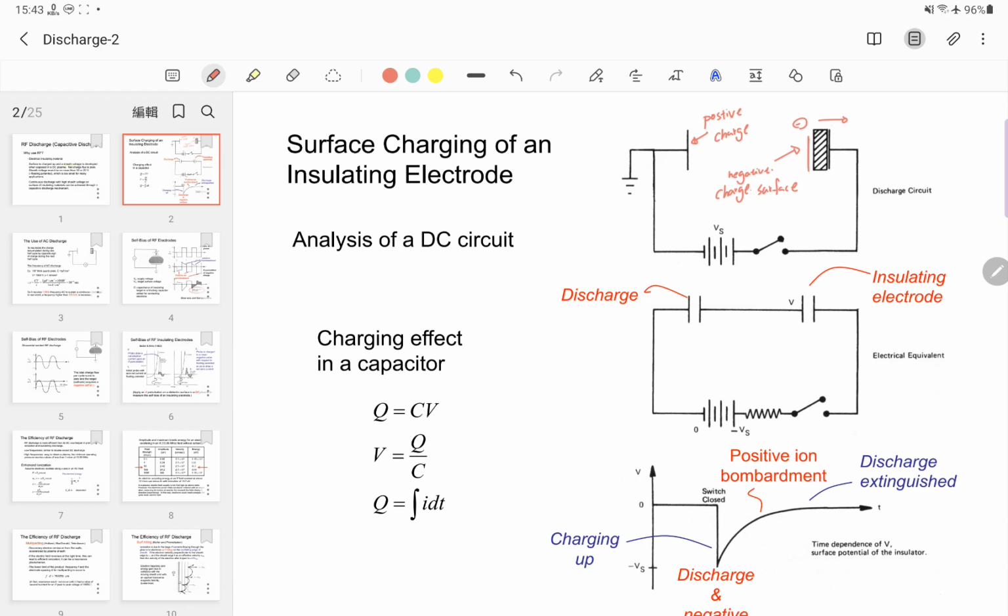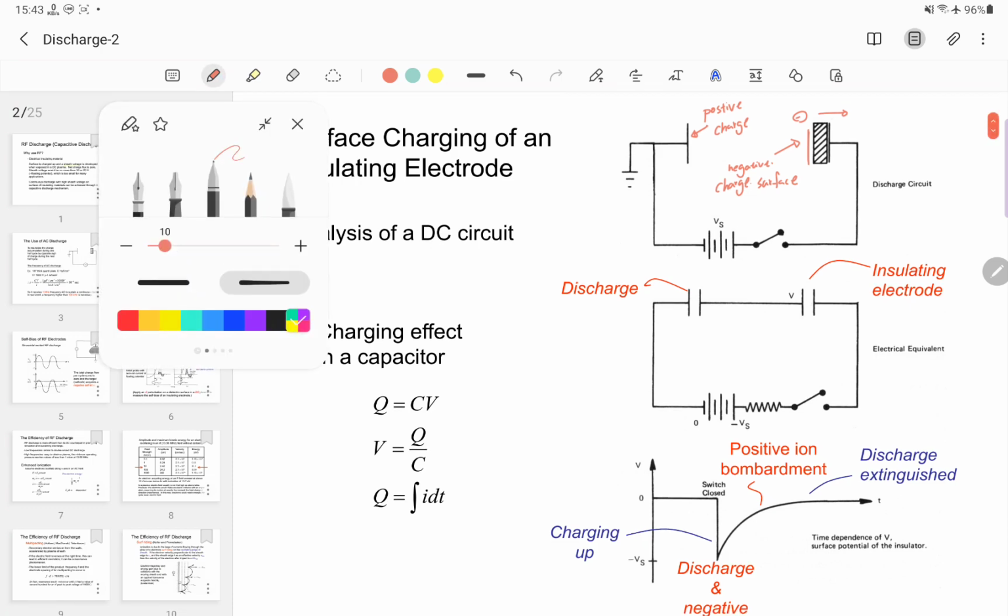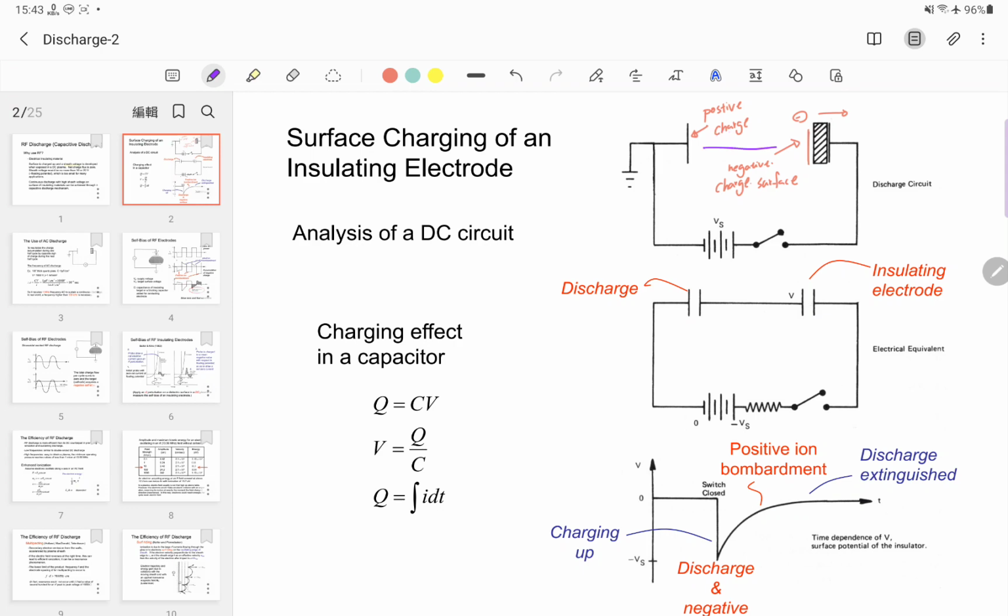So there will be a plasma. The plasma will be generated in this region.